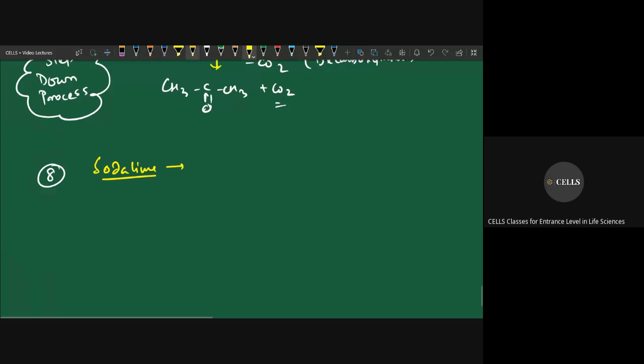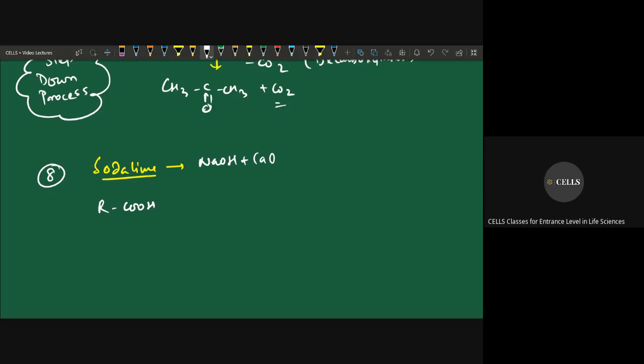So soda lime was NaOH, and it will be CaO, calcium oxide. So NaOH plus CaO, this was soda lime. Yes, you're correct. This was an important thing.